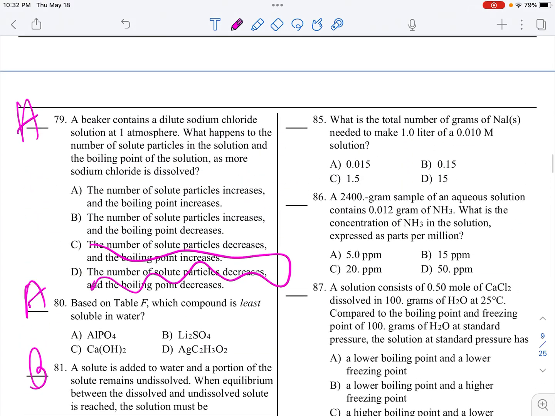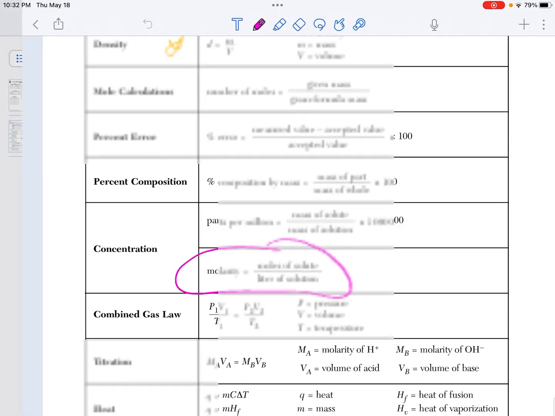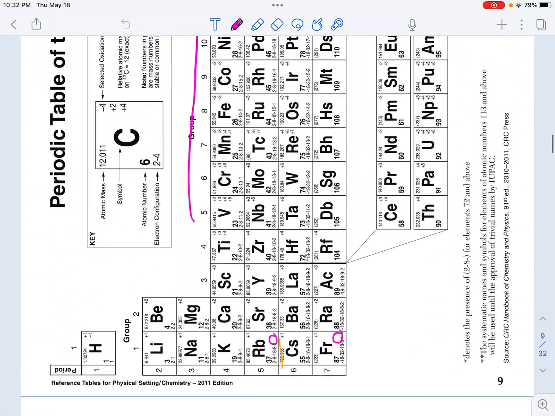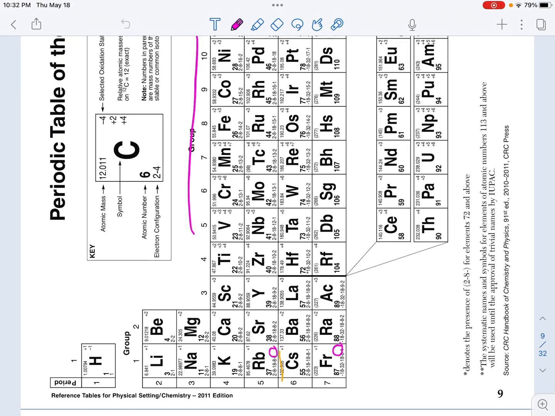What is the total number of grams needed to make... Okay, blah, blah, blah. So we're going to go backwards. So molarity, put it over 1, equals moles of solute over liters of solution. So that's going to be 0.010 moles times GFM. NaI. So we need the masses of Na and I. So Na is 23.